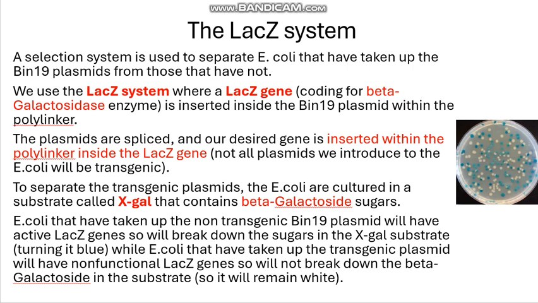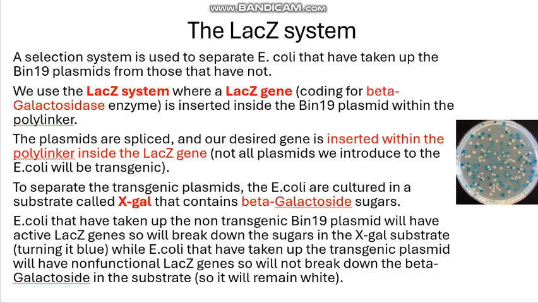If they don't have our inserted gene within the LacZ gene, they're able to break down the substrate in the XGAL, beta-galactoside, because they are able to produce the beta-galactosidase enzymes. But if we have our inserted gene within the LacZ gene, they can't produce that enzyme, so they're not able to break down the beta-galactoside in the XGAL substrate.